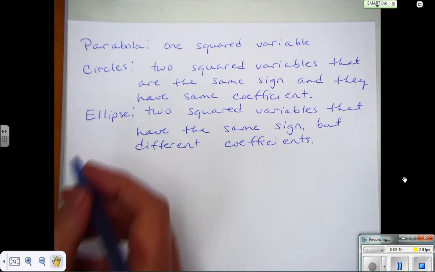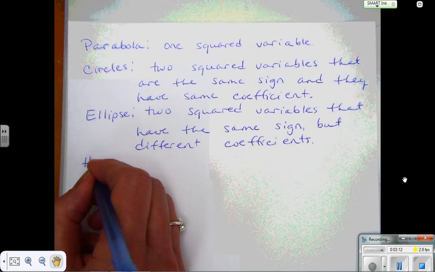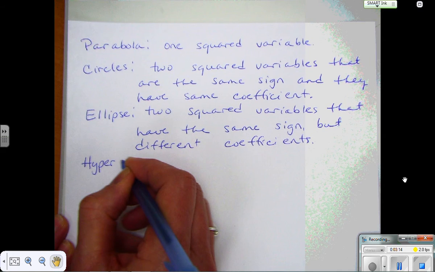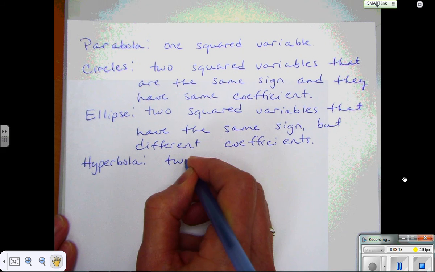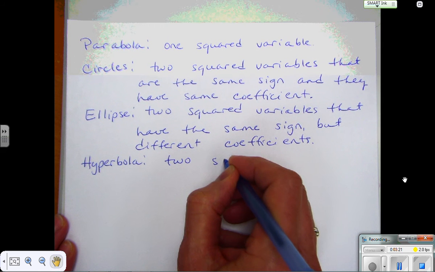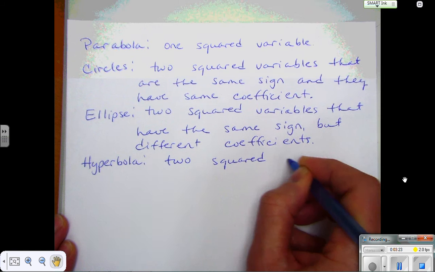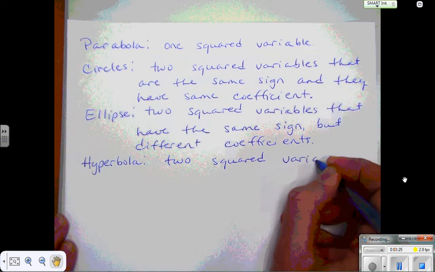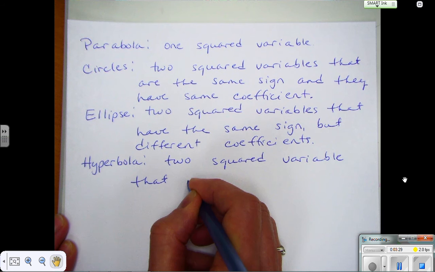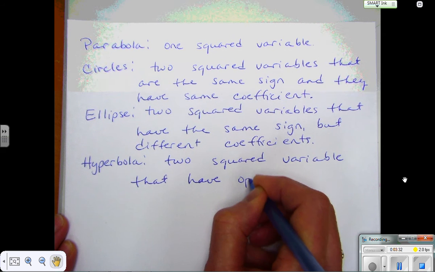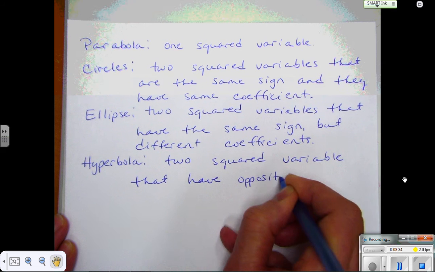Okay, and then our last type of conic section was a hyperbola. A hyperbola will have two squared variables that have opposite signs.